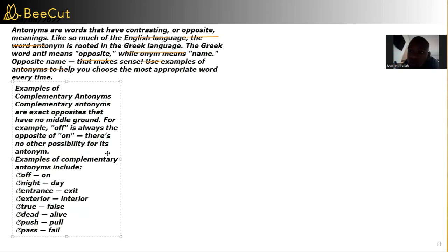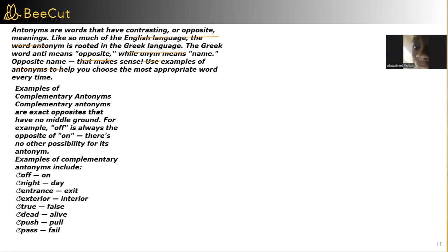There's no other possibility for its antonym. Examples include on, off, night, day, entrance, exit, exterior, interior, true, false, dead, alive, push, pull, pass, fail. So those are complementary antonyms. Put that down so we move on.